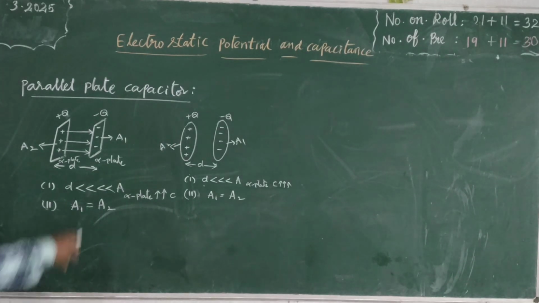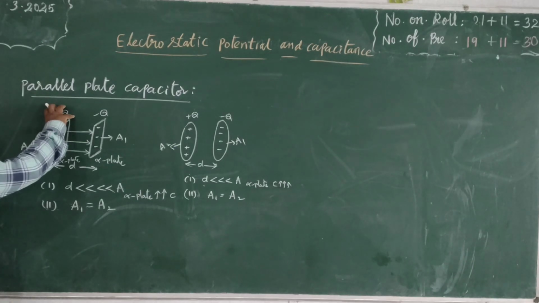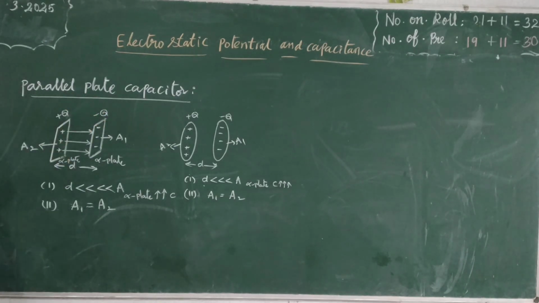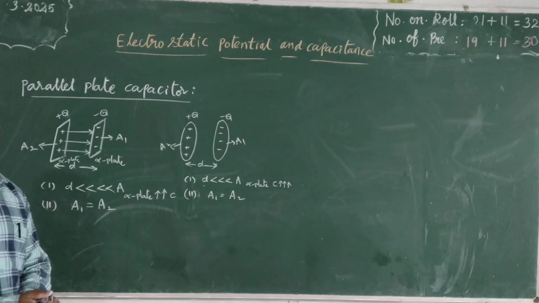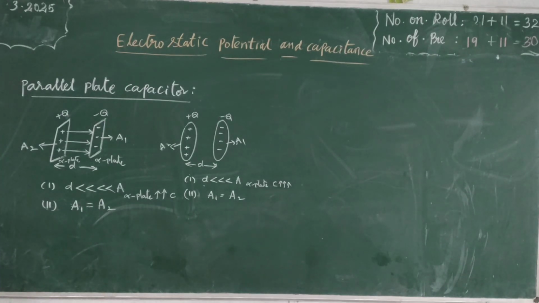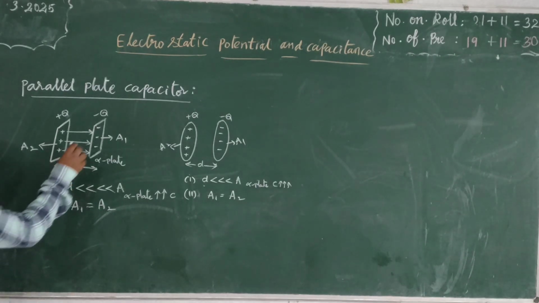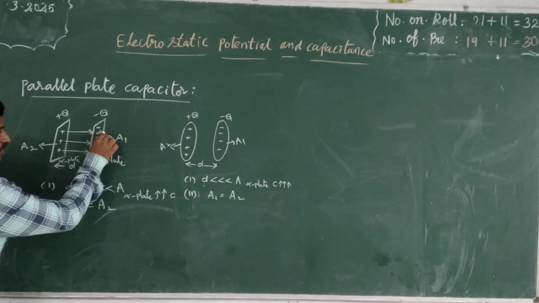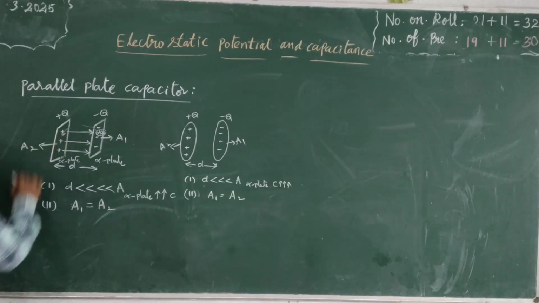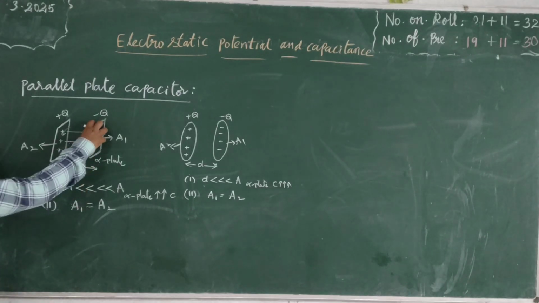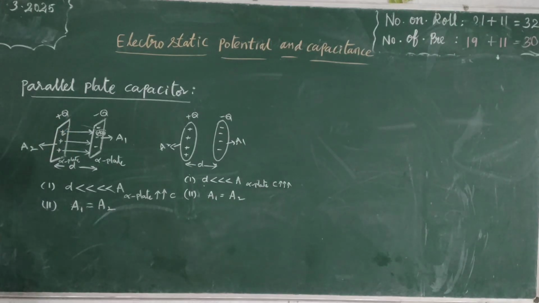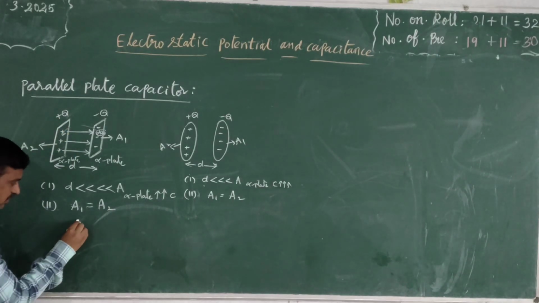Here we are saying this plate has plus q charge and this one has minus q charge, so both have the same magnitude. How does this happen? We have two methods for that. In the first one, we can take a charge dq from this plate and store it here, so this plate gets minus and the other gets plus. How do we get equal charges?